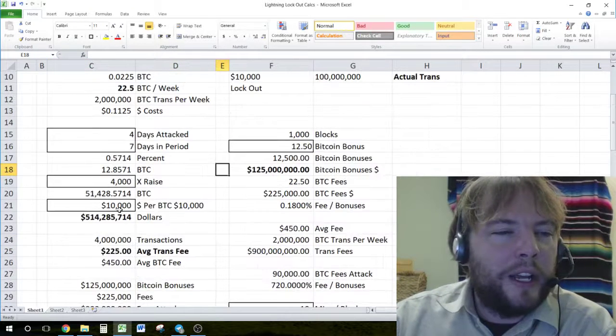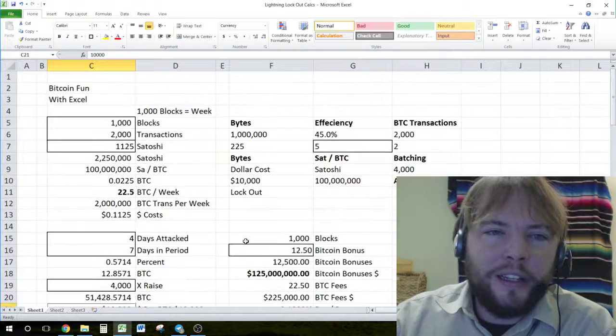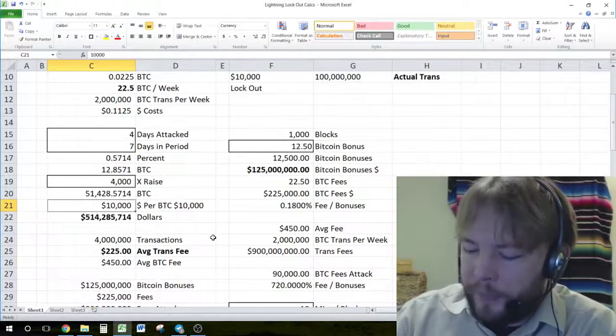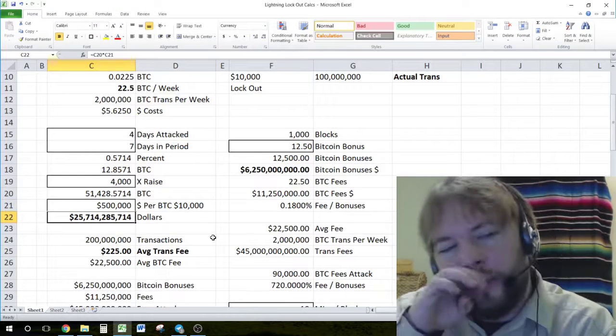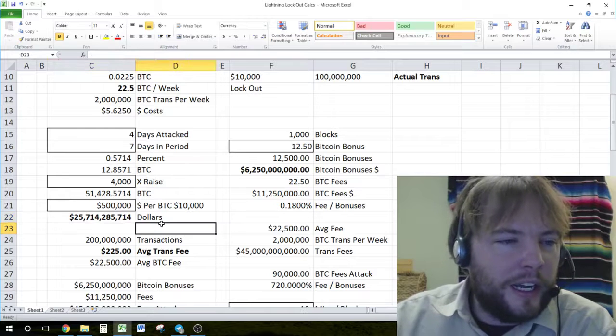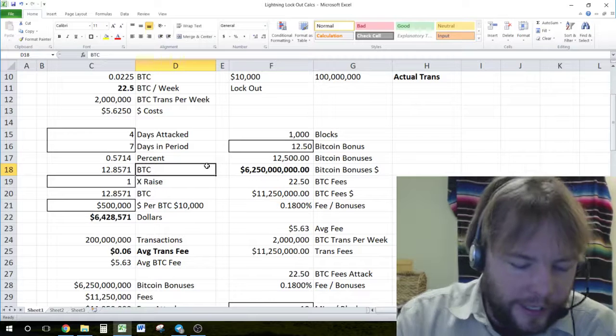Now I'm going to do another scenario where I'm going to talk about the increasing value of Bitcoin. So let's say Bitcoin went to a value of $500,000. Quite a few people think that Bitcoin could obtain a value of $500,000.